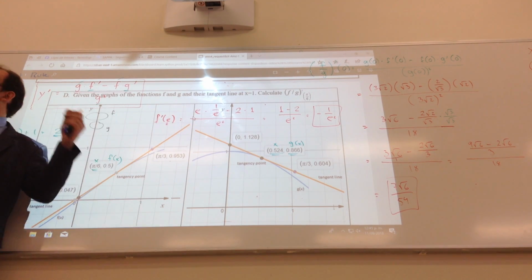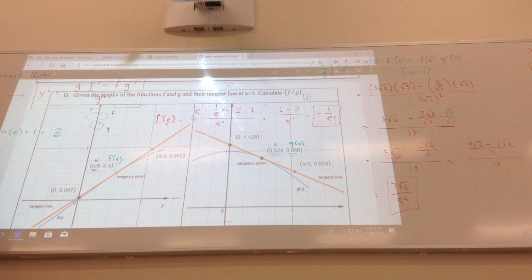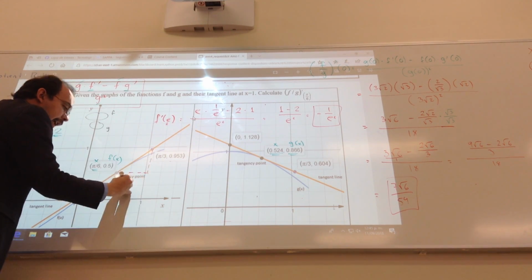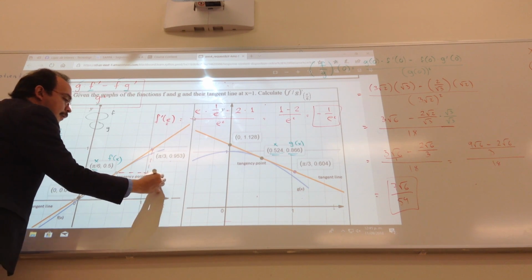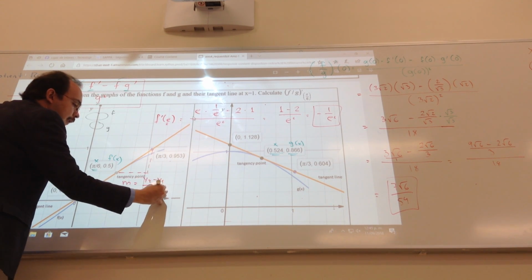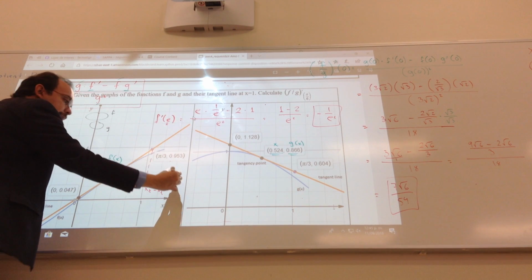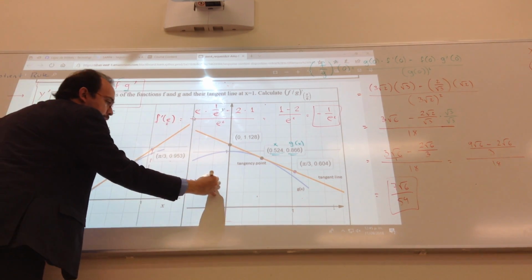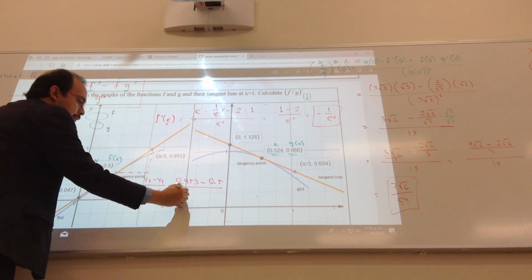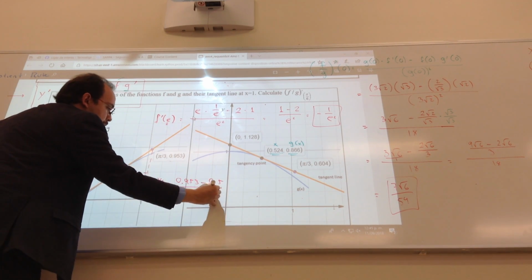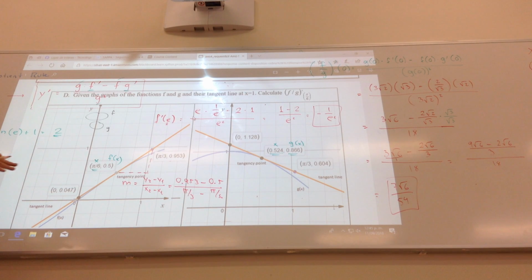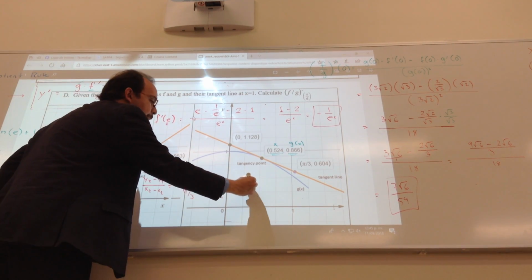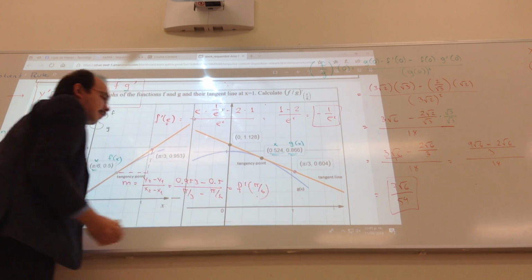With the points, y2 minus y1 over x2 minus x1. And the answer to this is the derivative evaluated at pi over 6.